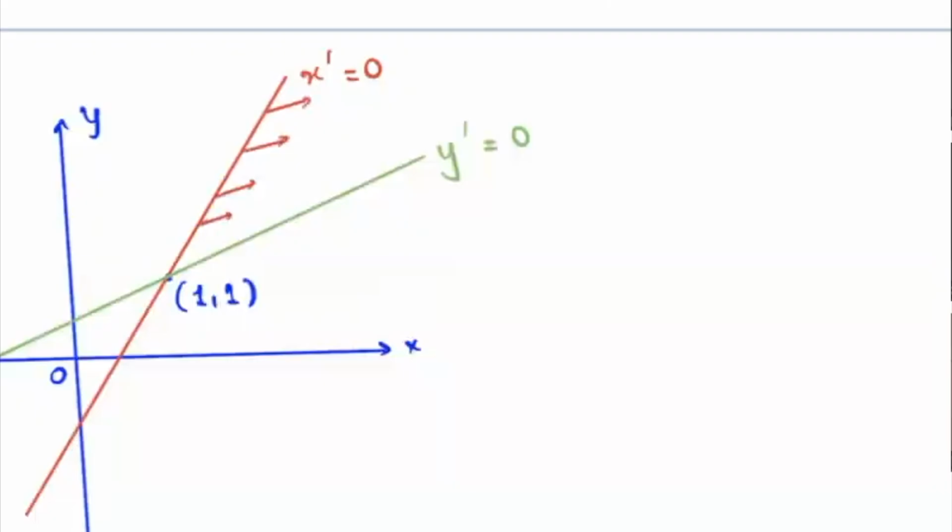Or in other words, it's flow to the right. Now, when the lines get below the point (1, 1), the flows go to the left. Now that's the x nullcline. Now for the y nullcline, going to do the same thing.